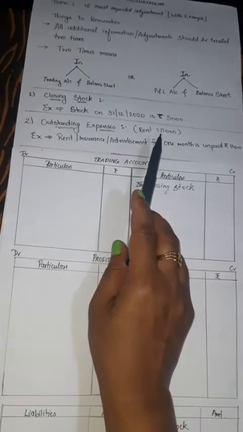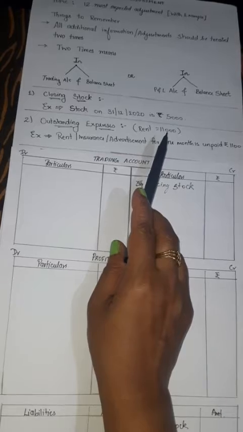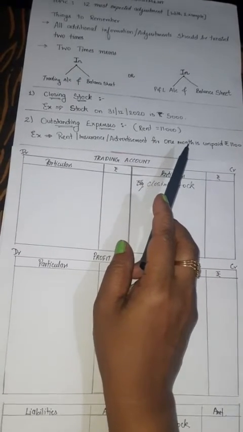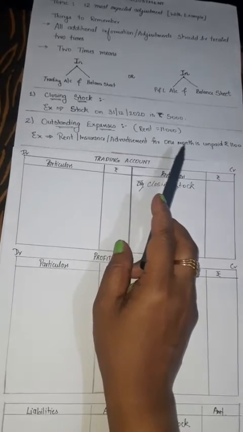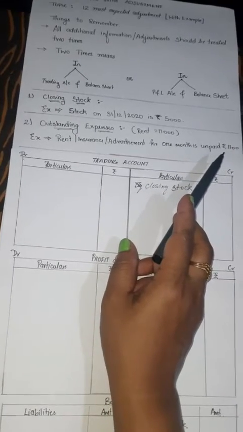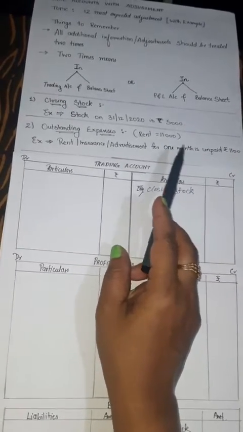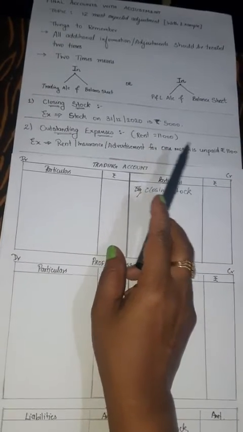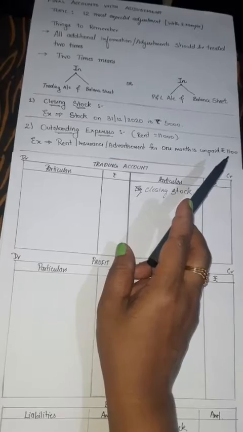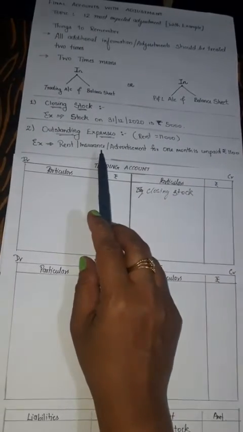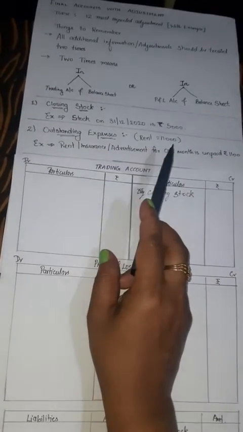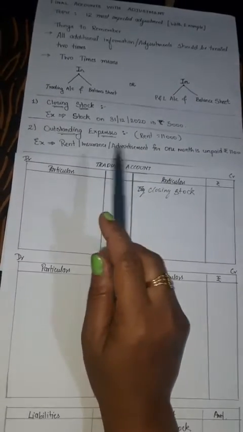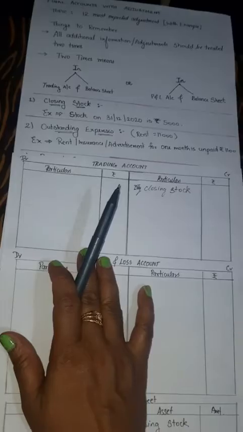So we have paid rent for 11 months, but for 1 month it is unpaid. The unpaid amount is 1,100. So already we have 11,000 plus 1,100 which is outstanding. So what is the effect? How can we show this in our final account?